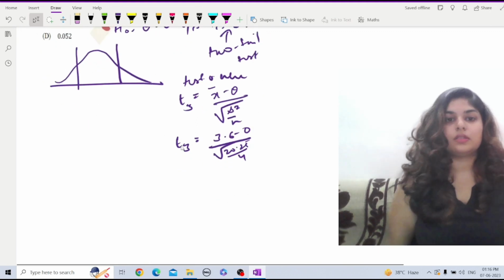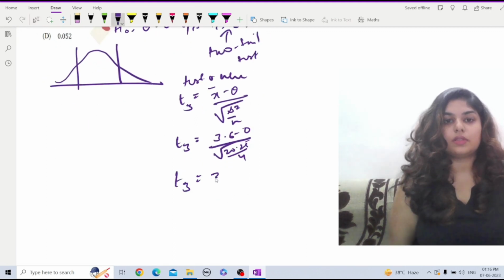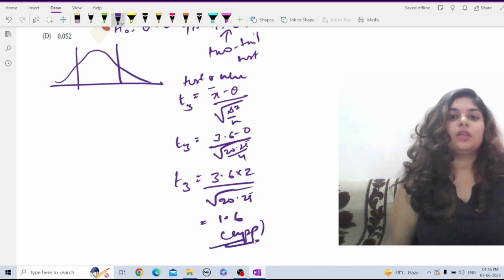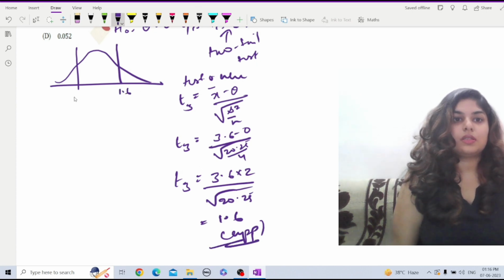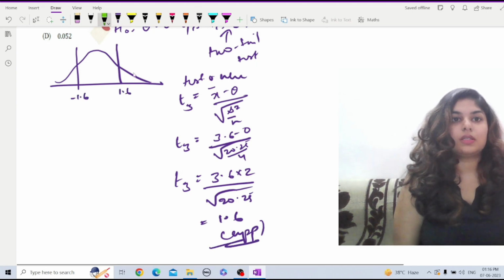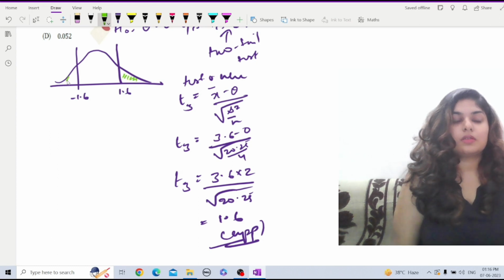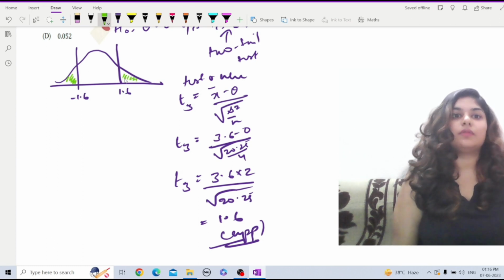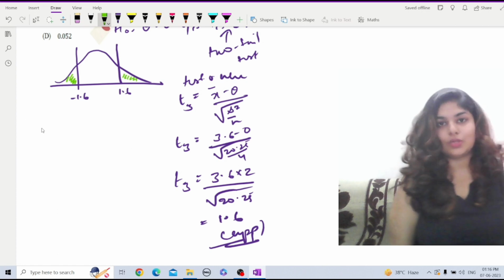So t is equal to 3.6 into 2 by root over 20.25, which is approximately 1.6. So this is 1.6, this is minus 1.6, and the critical region is this. So we have to find the probability of this plus this, right? So this is our two-tailed test.